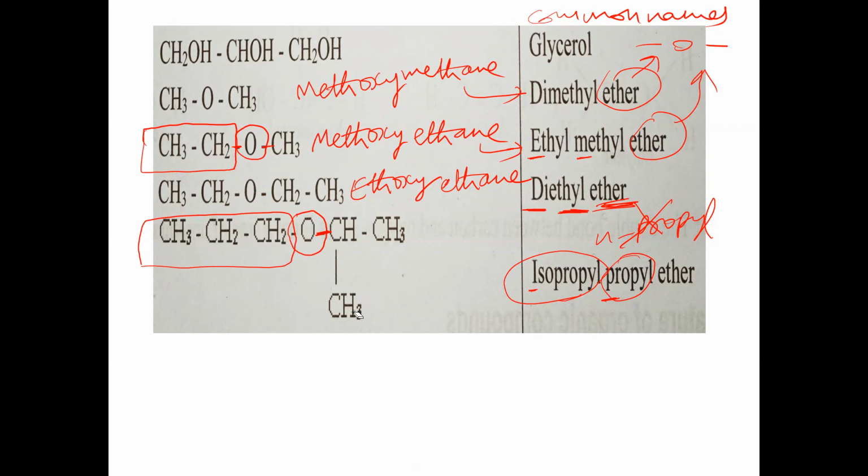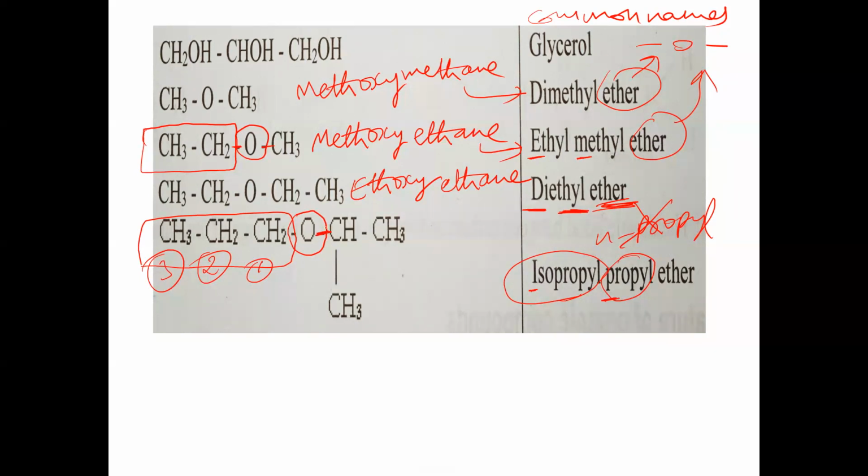Isopropyl and oxygen, so isopropoxy. The parent chain is propane, with 3 carbons: first carbon, second carbon, third carbon. On the first position, the isopropoxy group is there.